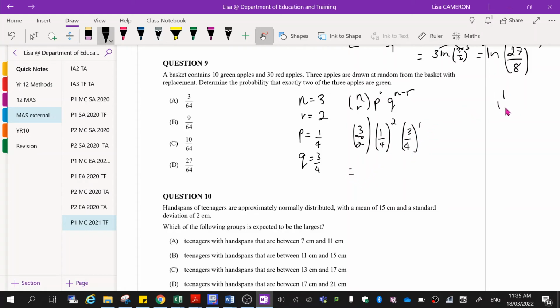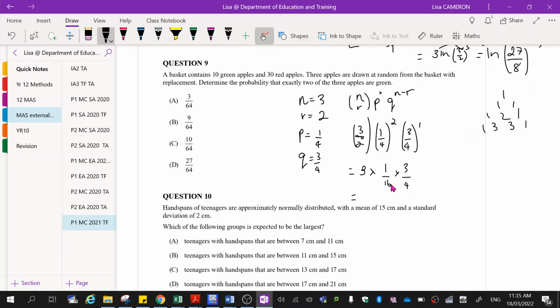Okay, so again, I'm going to quickly sketch up Pascal's triangle to the third row, because this means we're looking at row 3, second position. So 1, 2, 3, and then we're going, that's 0, 1, 2. So this one here is the one we're using 3 times. Now the power on the outside multiplies all the powers on the inside. So 1 squared is going to be 1, 4 squared is going to be 16 times 3 over 4.